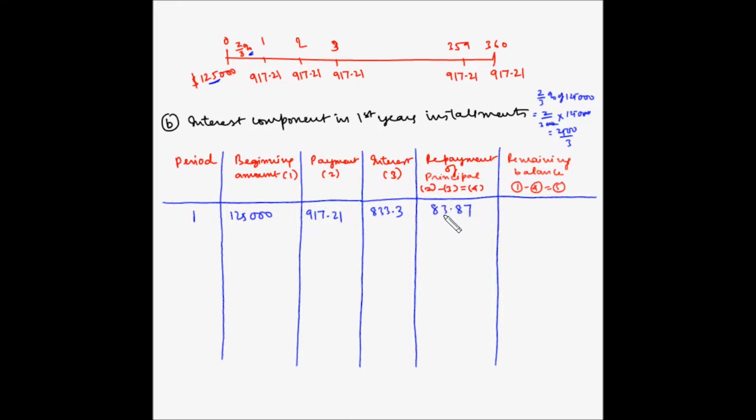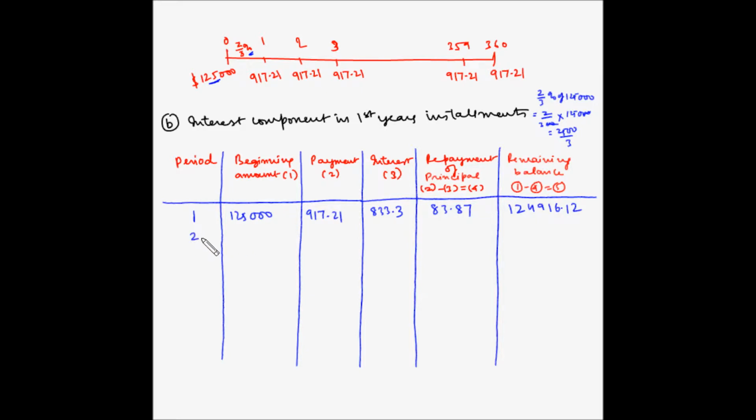So we have made a payment of $83.87 as part of the first month's installment. So now the remaining balance will be 125,000 minus 83.87, because this is the only principal amount that we have paid. So this becomes 124,916.12.